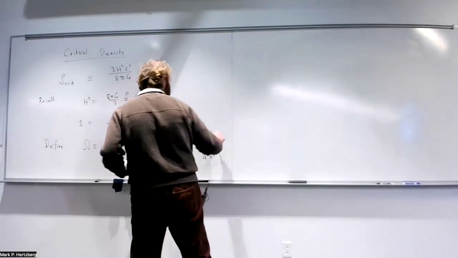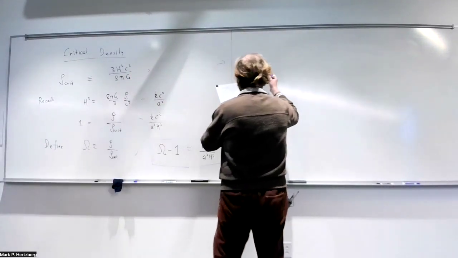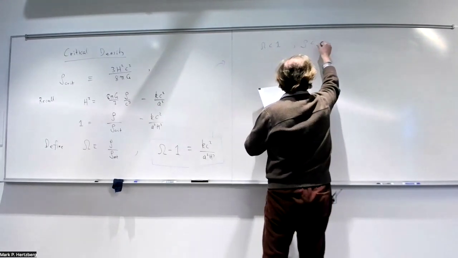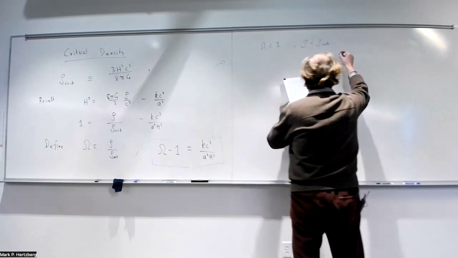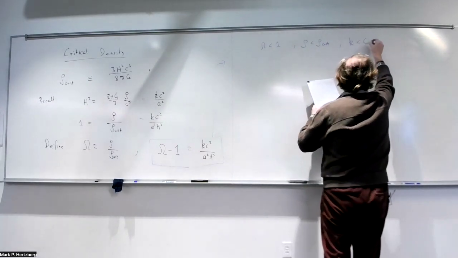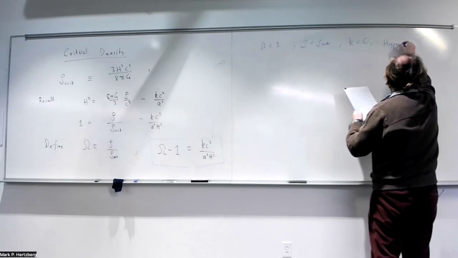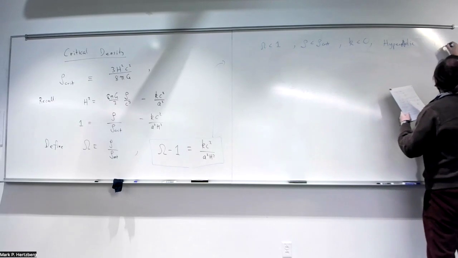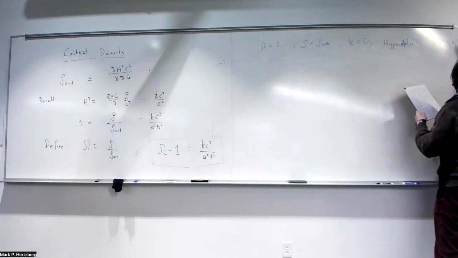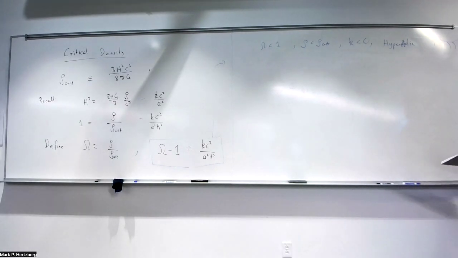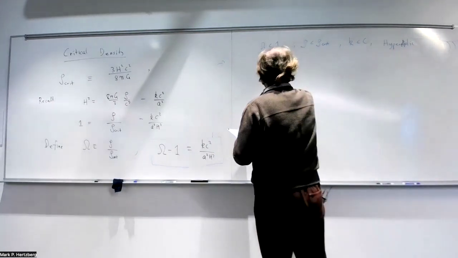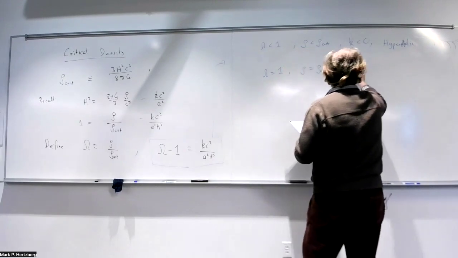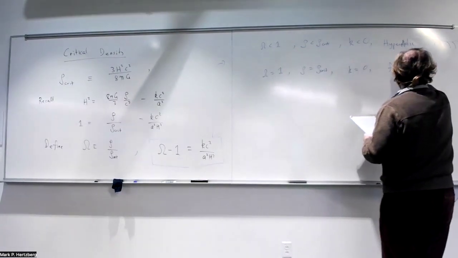And so we could summarize from this equation: omega less than 1 is rho less than rho critical, which requires a hyperbolic universe with negative curvature. Roughly, it looks like this is the geometry. Omega equals 1 is the special case rho equals rho critical, no curvature, flat.